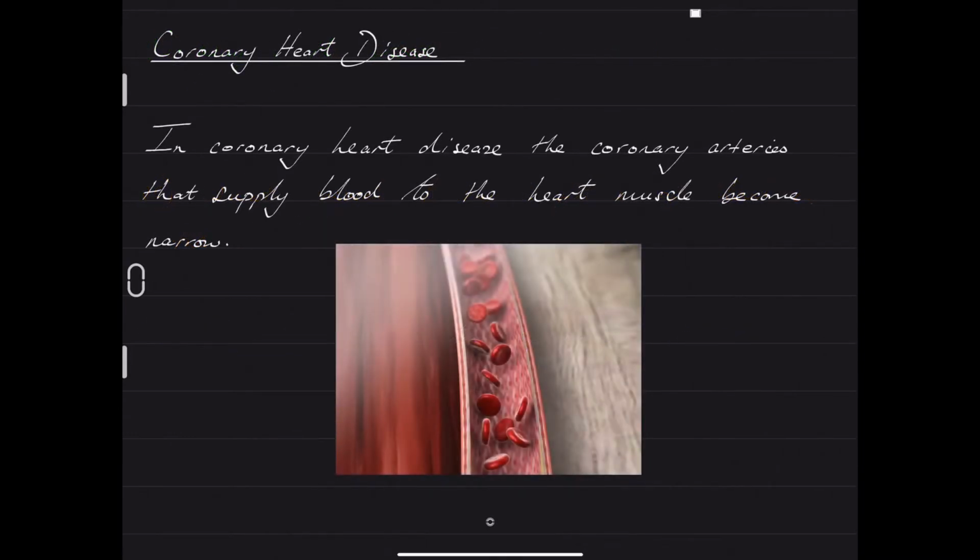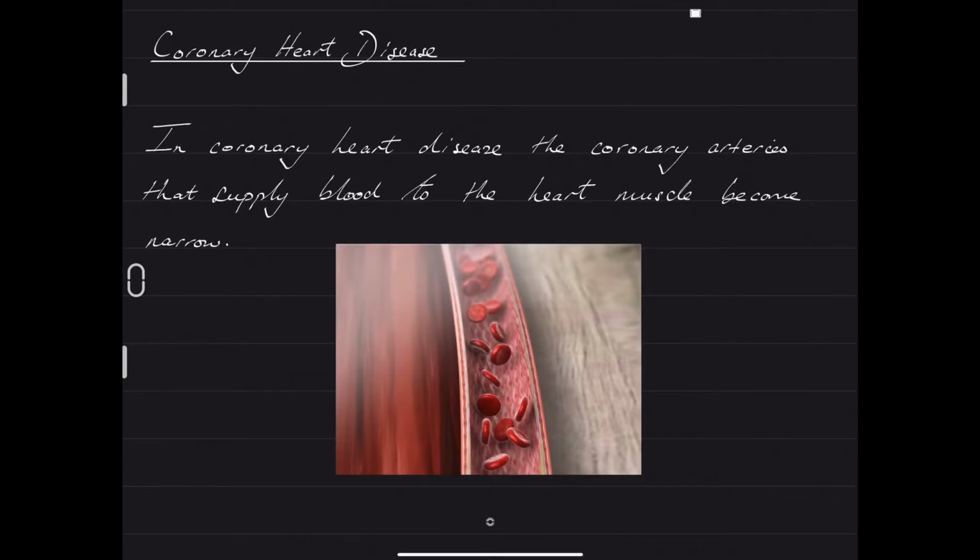We're going to move on to coronary heart disease. Now, coronary heart disease relates to the arteries that supply oxygen and glucose to the heart muscles. We've looked at the structure of arteries, veins, and capillaries, and we know that arteries supply oxygenated blood.